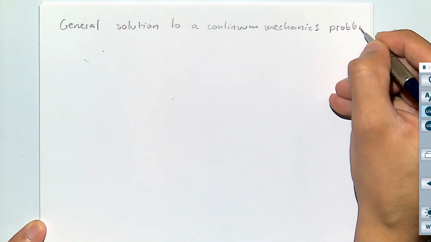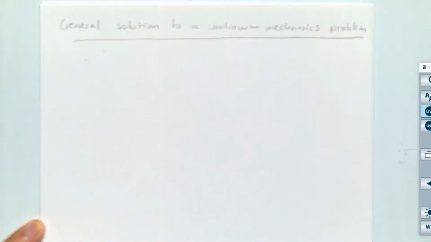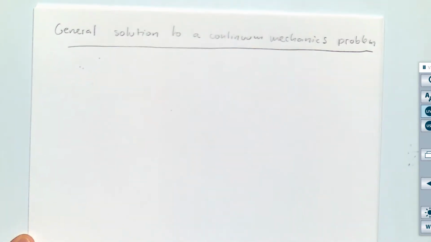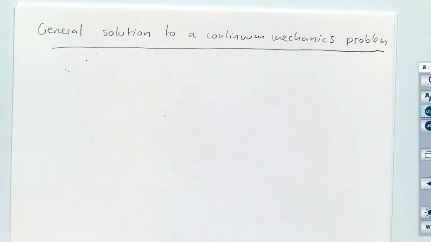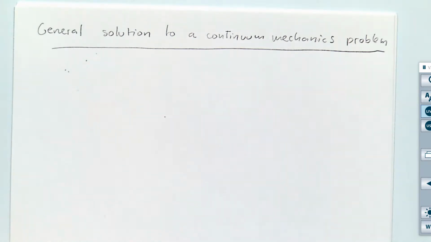The case that we're going to see, predicting horizontal stresses in the subsurface, is just one simple application of this. But with this theory, you could solve any problem of stresses and strains in a continuum.